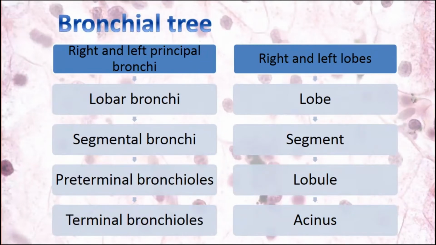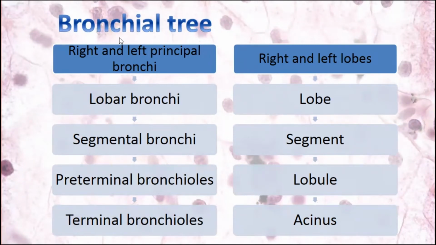Segmental bronchi carry air to the segments of the lungs, 10 in the right lung and 10 or 9 in the left lung. And after that, we have units of the lungs. Pre-terminal bronchiole supplies air to the region of the lung which is called the lobule, and terminal bronchiole supplies air to the part of the lung which is called the acinus.